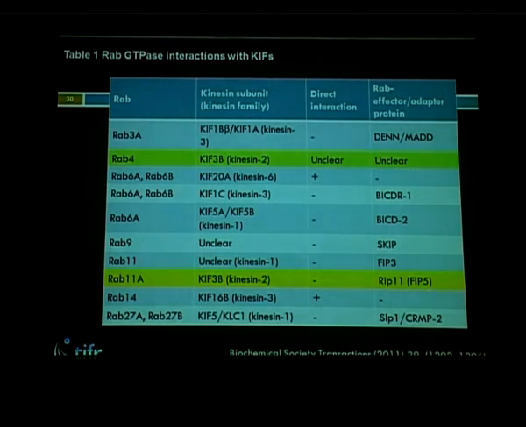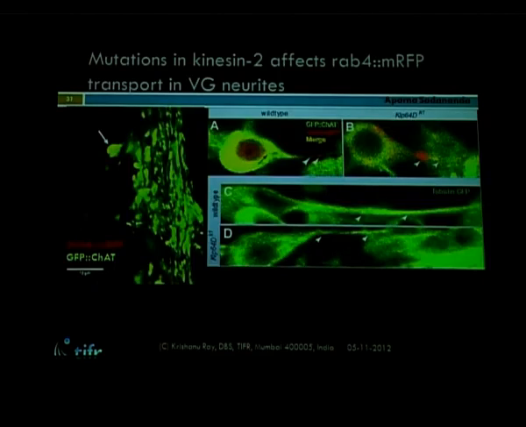Incidentally, RAB4 is also a protein which is enriched at the presynaptic compartment and is transported in the axon from the cell body to the synapse. And therefore, we used a RAB4-MRFP conjugated fly which expresses RAB4, and this is a combination stock which shows both choline acetyltransferase and RAB4 localization in these cholinergic synaptic boutons.